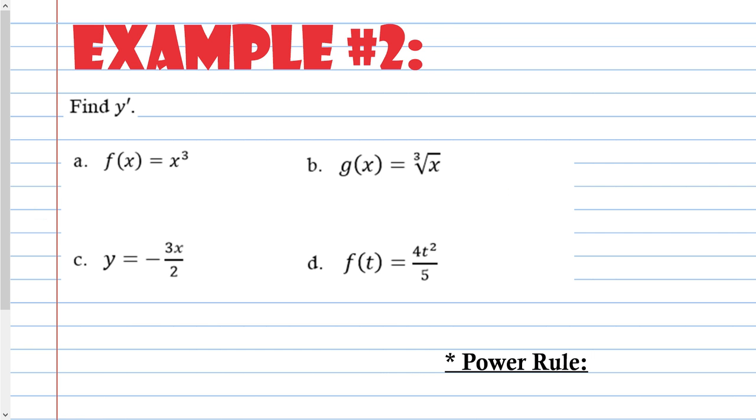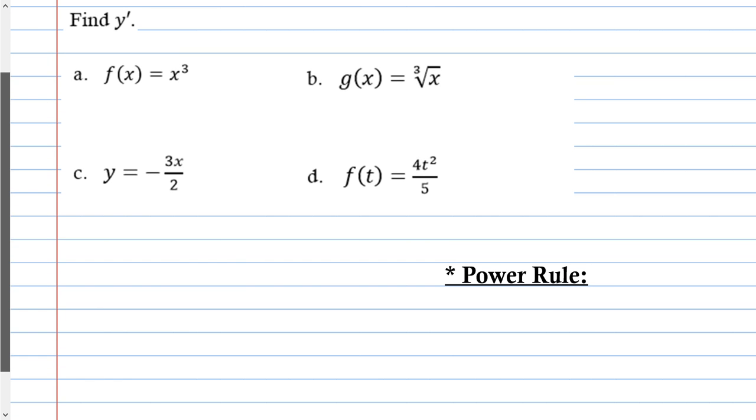Okay, before starting example 2, I'm actually going to give you the rule. The power rule has to do with when we have x's, and x has an exponent of 1 and up. So the power rule is as follows. The derivative of a function where we have an x and it has some kind of exponent, as long as the exponent is 1 and up.